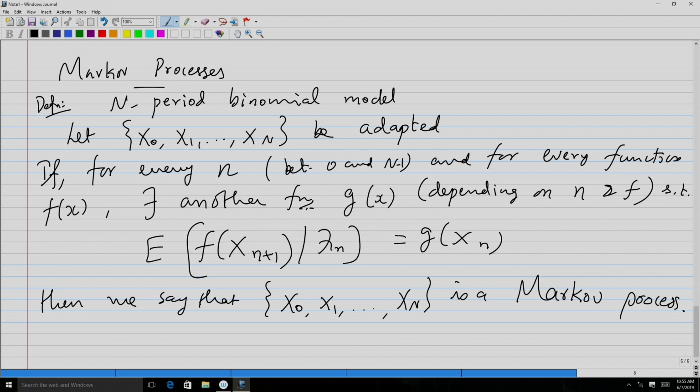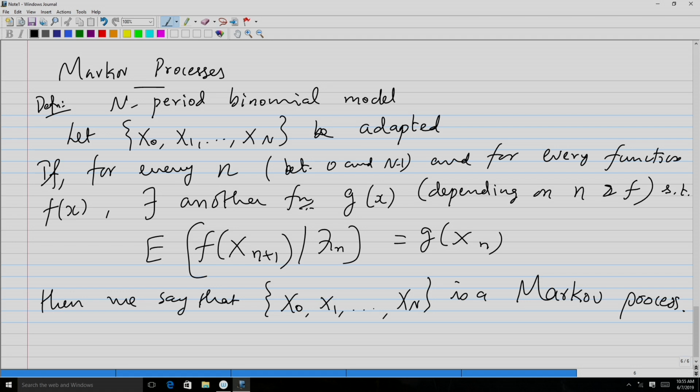We have already seen such examples, like the expectation of s 1 given s 2, which is a function g of some such form. So, for every n and for every f, if there is a g satisfying this, then the process is Markov, which means the conditional expectation depends on F n only through the value of x n.